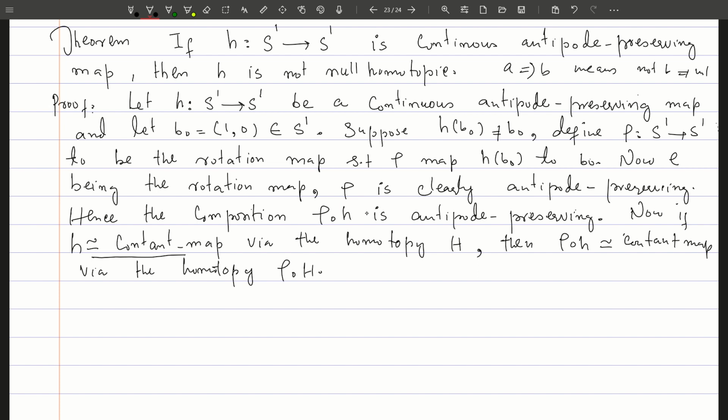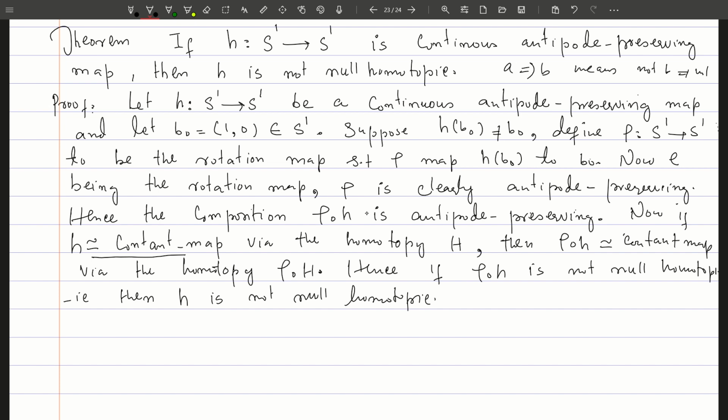In other words, H cannot be non-homotopic. So hence, if rho H is not null homotopic, then H is not null homotopic.